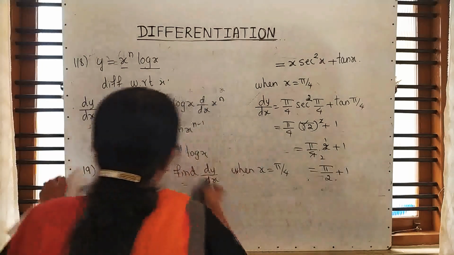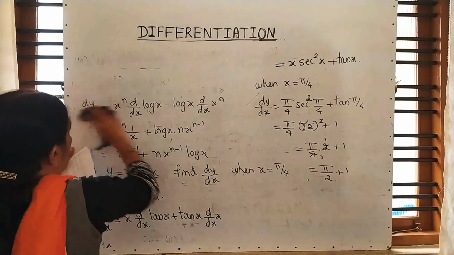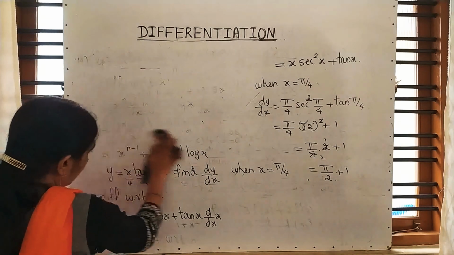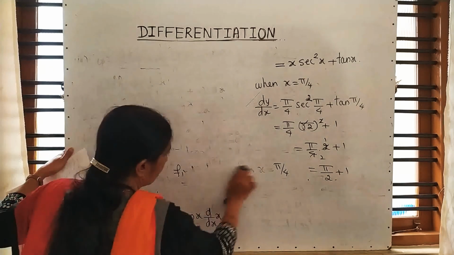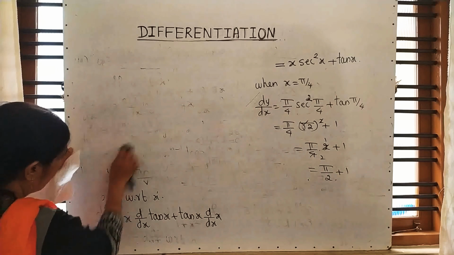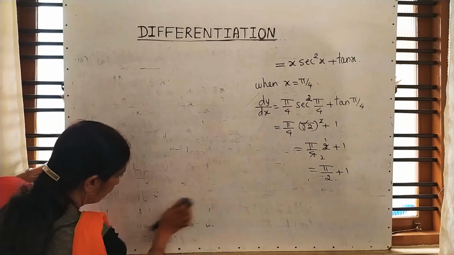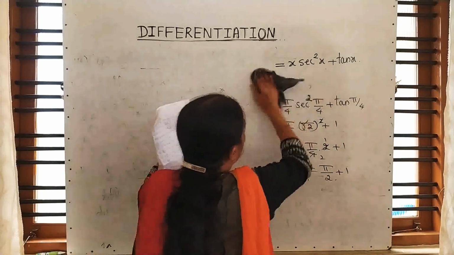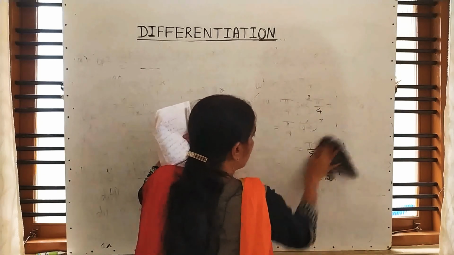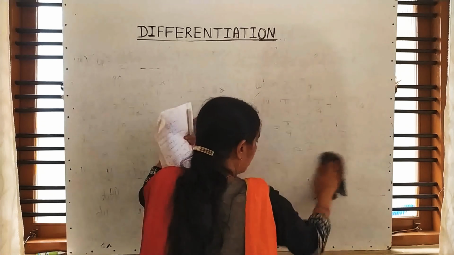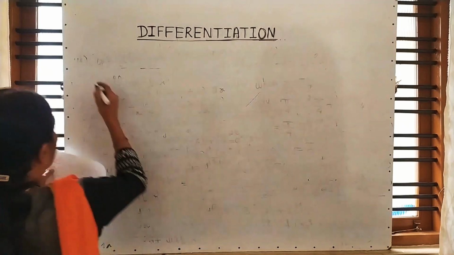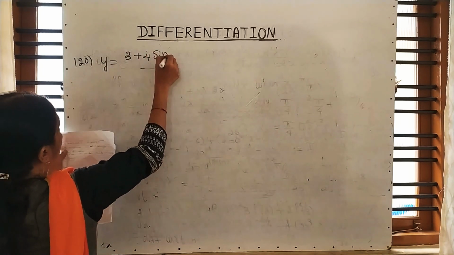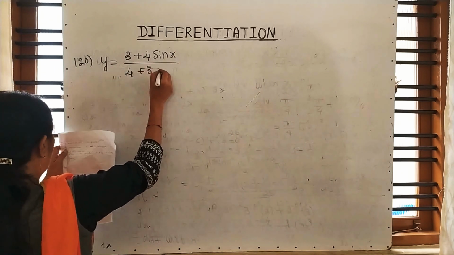Question number 120. Y is equal to 3 plus 4 sin x upon 4 plus 3 sin x.